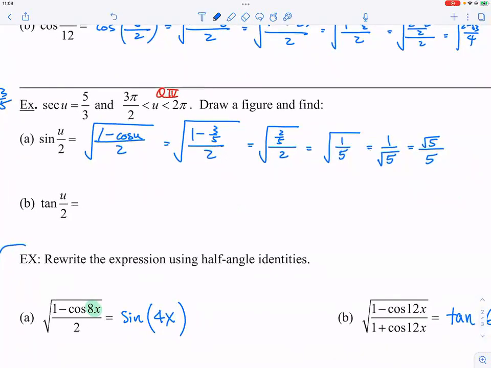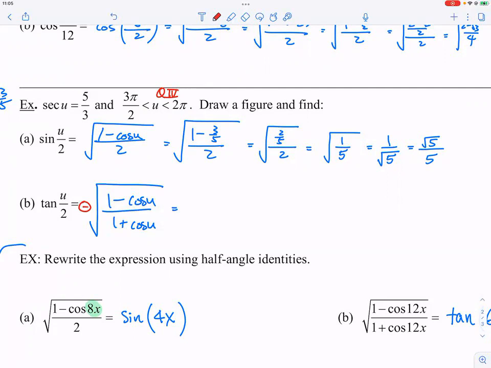And for tangent, we have the square root of 1 minus cosine of u over 1 plus cosine of u. And by the way, it will be a negative value.